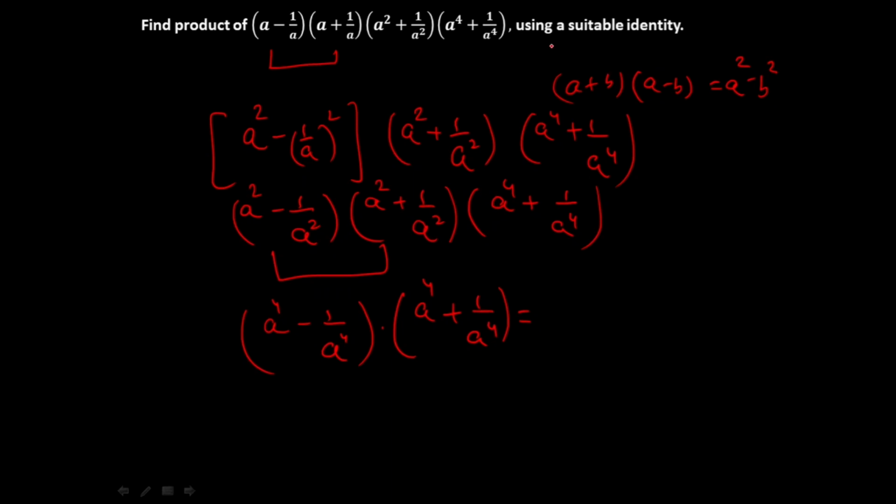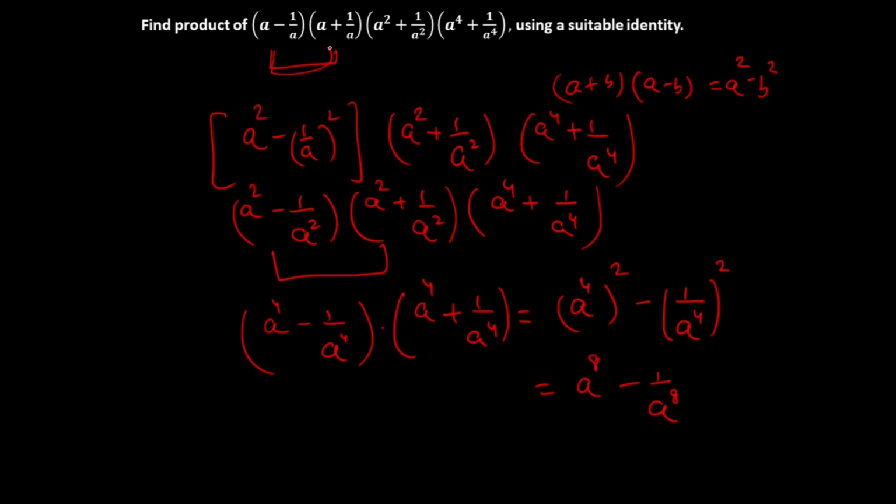So again using that identity, I will be getting a power 4 whole squared minus 1 over a power 4 whole squared. So the answer I'm going to get here is a power 8 minus 1 over a power 8. That's my final answer.